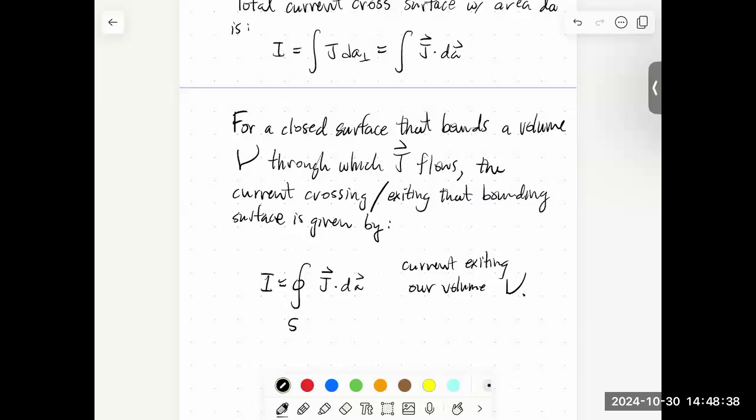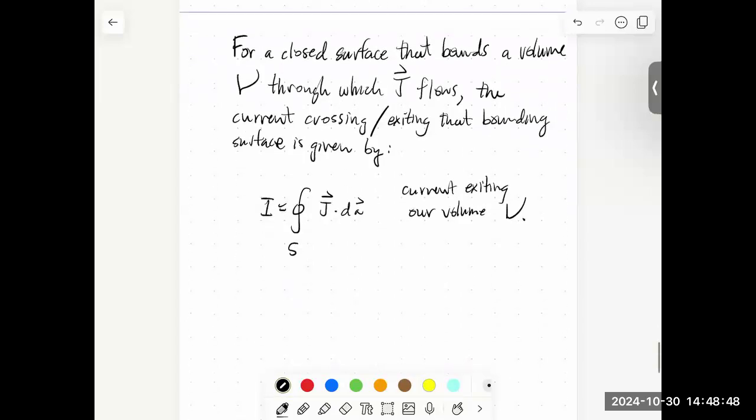So if this was E dot dA, what could we do with this? We could use a theorem, the divergence theorem, that's right. So let's apply the divergence theorem, which says we're going to take the divergence of J and integrate over the volume. So that's where my script V comes in. Divergence of J over some volume, and this is from the divergence theorem.